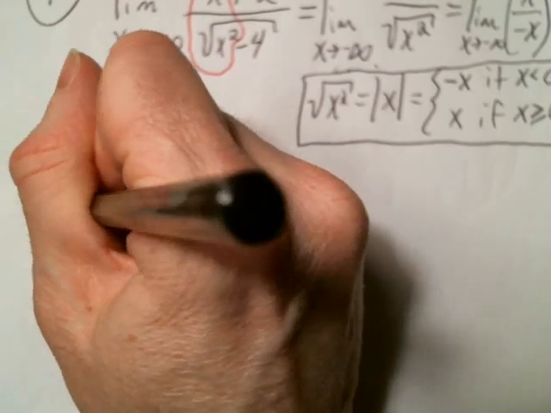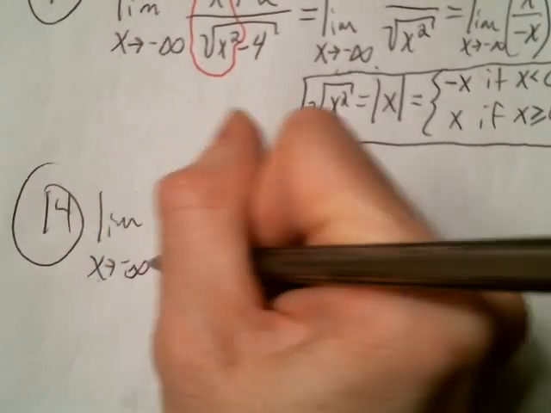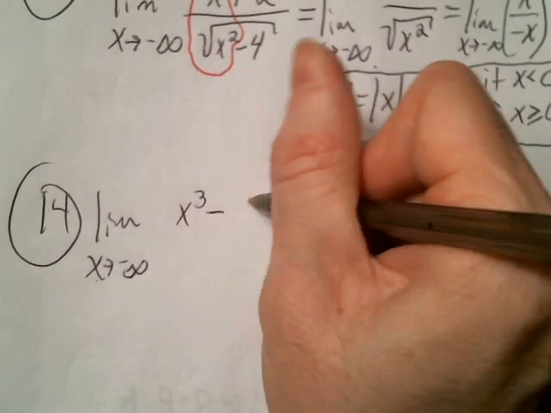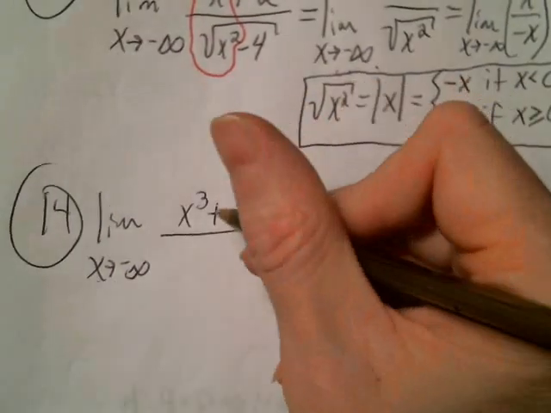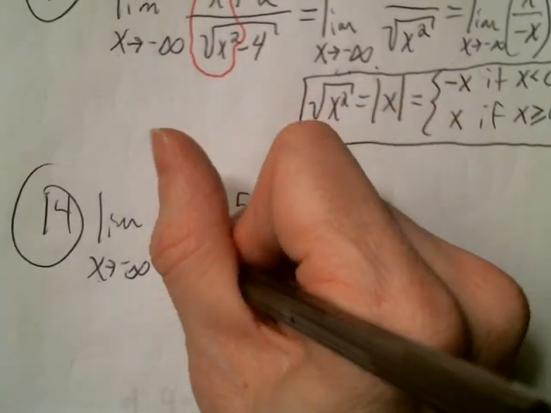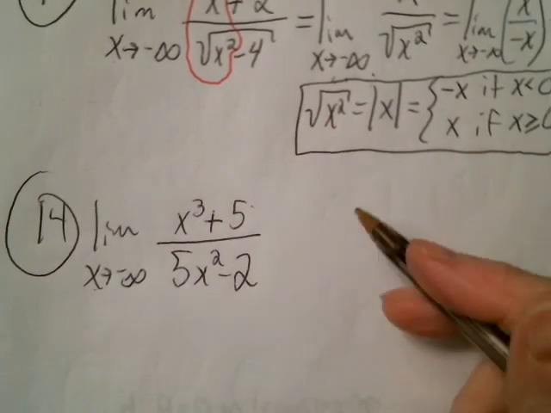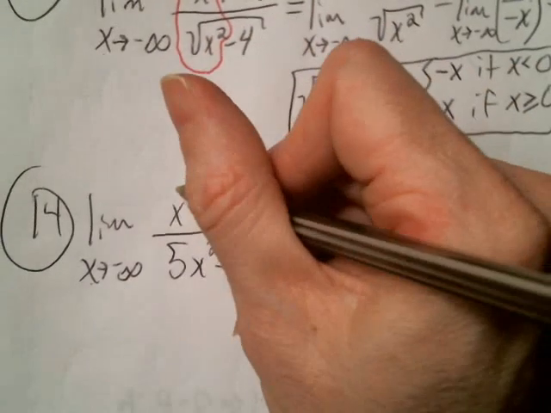Okay? So let's look at 14. We have the limit as x goes to negative infinity of x cubed plus 5 all over 5x squared minus 2. Okay. So again, I want to just isolate the high degree terms.